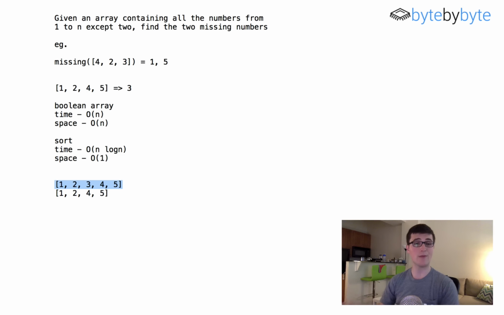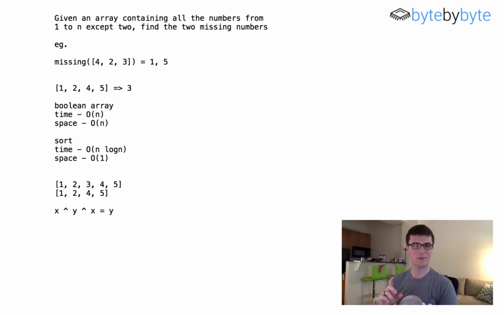And then we can do one better by actually doing an XOR instead of the sum. Because what happens is, as hopefully you know, x XOR x equals 0. So when you XOR a number with itself, it zeroes out. And XOR is also associative and commutative, and it has all those properties that mean that if you have x XOR y XOR x, you end up getting y back.